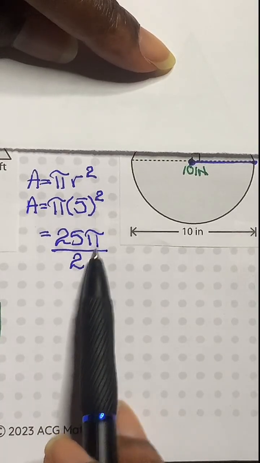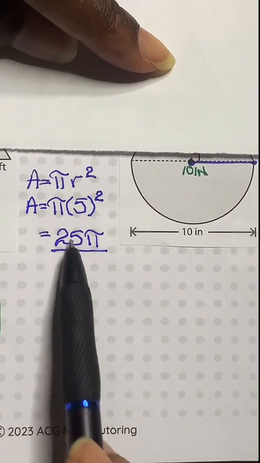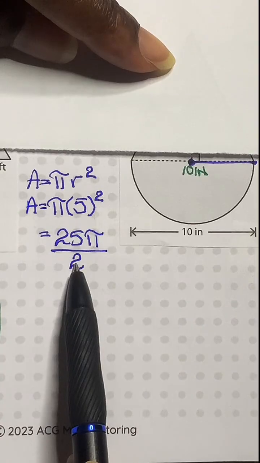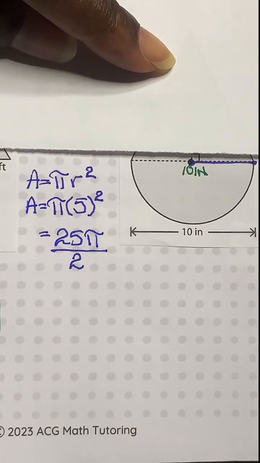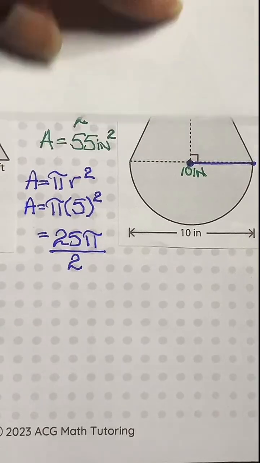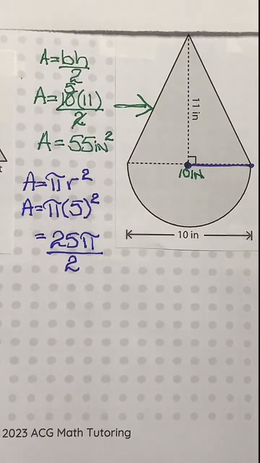All right. So 25 and 2, the only thing that they both have in common is 1. So I'm going to leave it like this. And you're like, wait, Audrey, so how are we going to add those two together? Just like this.